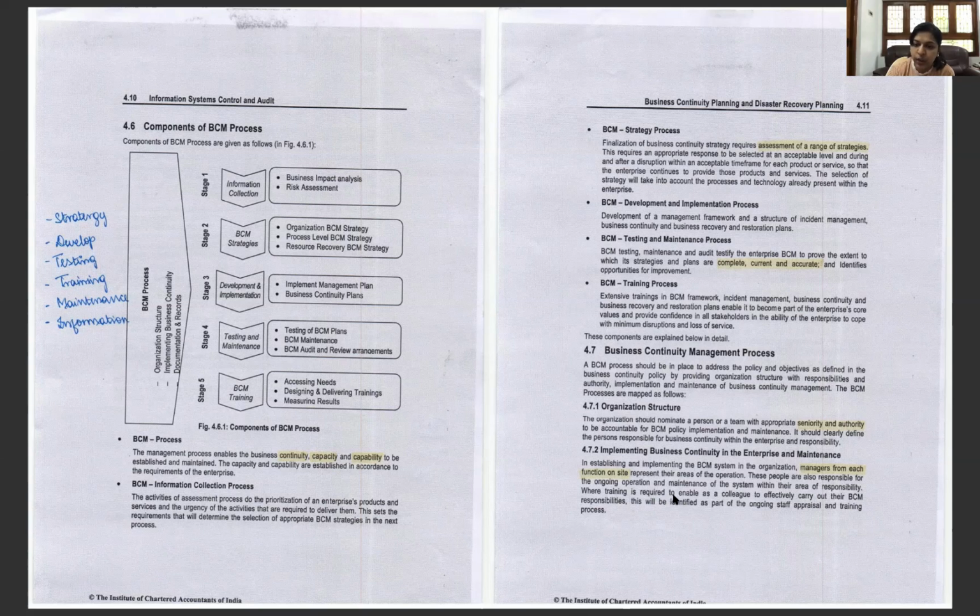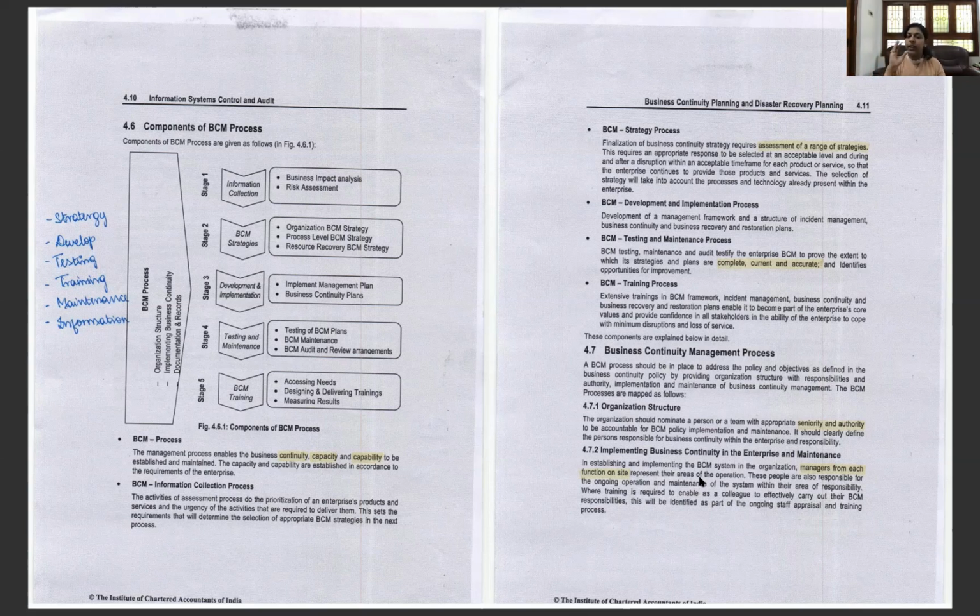But training is required to enable a colleague to effectively carry out their BCM responsibilities. This will be identified as part of the ongoing staff appraisal and training process. Okay, so this is for the next level. So what does it deal with? Managers from each function should represent their areas. They are going to be responsible for the ongoing activities and also for the maintenance.